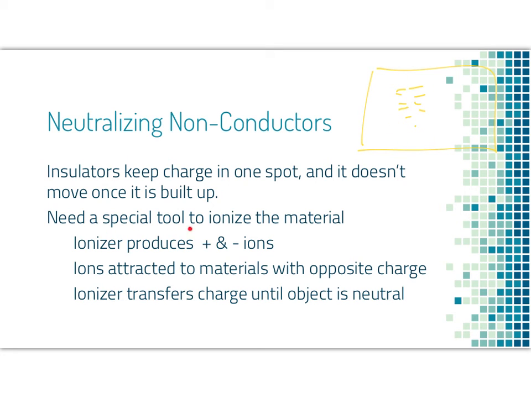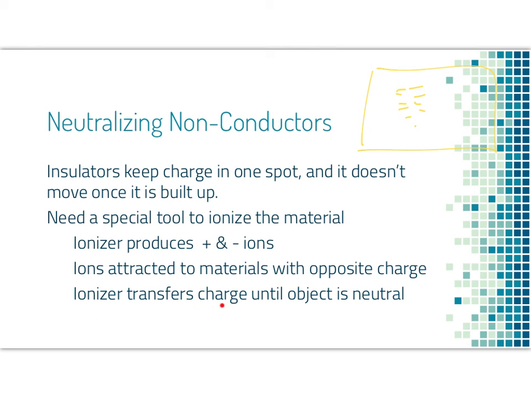So this is where a special tool comes in handy. It's an ionizer. It produces both positive and negative ions. The ions are attracted to materials with the opposite charge. So if it produces positives and negatives, and I have a buildup of a negative charge here, when I touch an ionizer to it, the positive ions that the ionizer produces are going to flow through here to balance the negative charges.